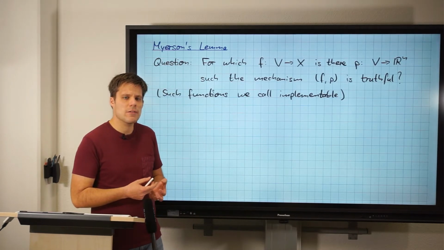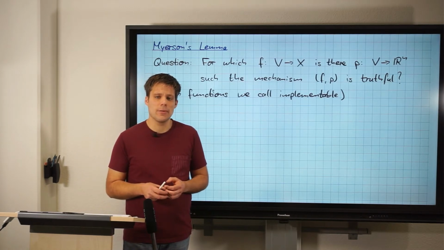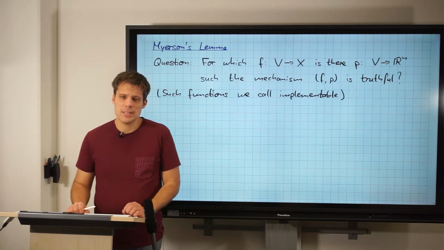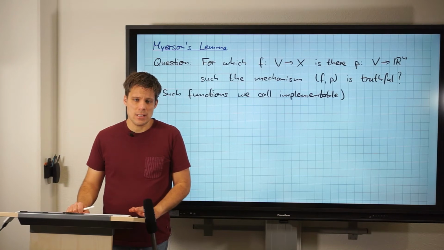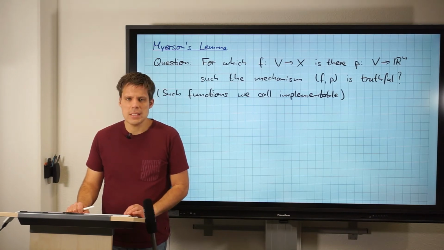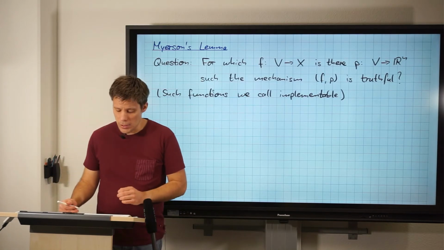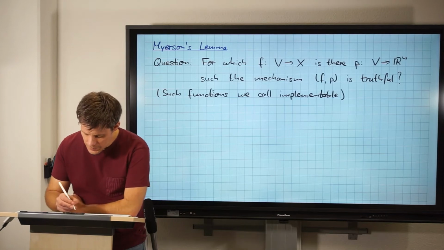Can you just give me any P such that this will be a truthful mechanism? And interestingly enough, for these single parameter settings, this is very easy to say because it is equivalent to this function f being monotone. What do we mean by monotone in this setting here?